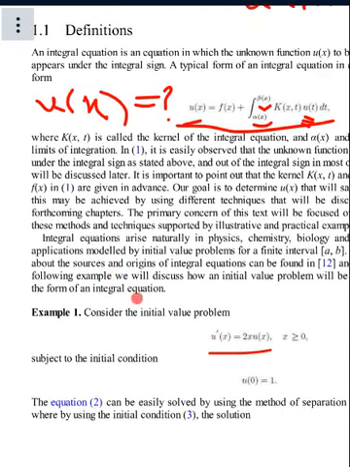So we have our differential equation as we can see here, and also the initial condition. You know that a differential equation together with initial conditions is called an initial value problem. So if we say initial value problem, we mean a differential equation together with some initial conditions.